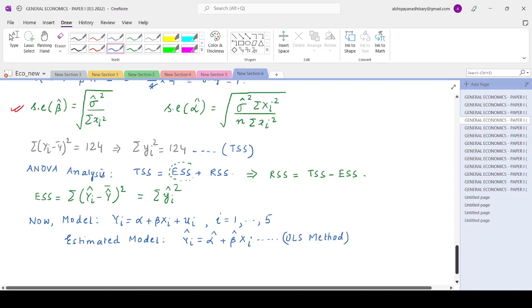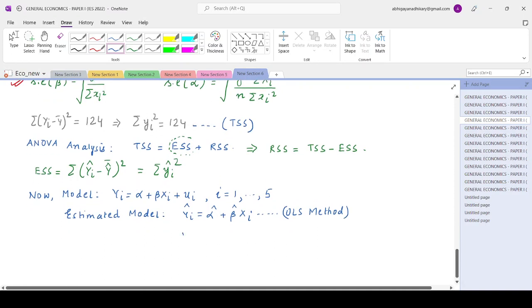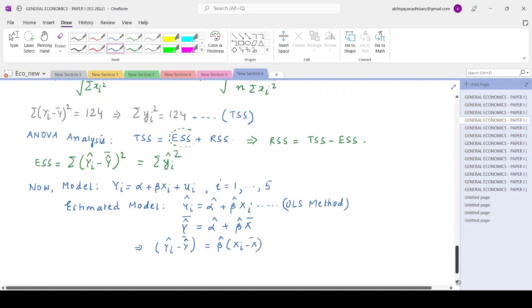Now observe one thing, that if you take the mean of this, you have y hat bar equals alpha hat plus beta hat x bar, right? And if you take the difference, what essentially do you get? yi hat minus y hat bar equals beta hat times xi minus x bar, correct?